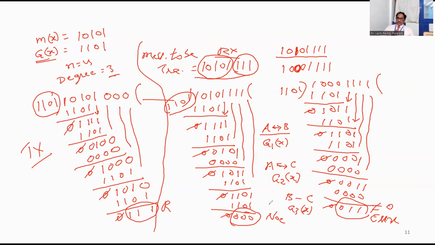So a particular sender and a particular receiver will use a particular generator polynomial between them, like what we have seen in this. This is a mandate. So that is about the CRC mechanism. Hope everyone has understood.